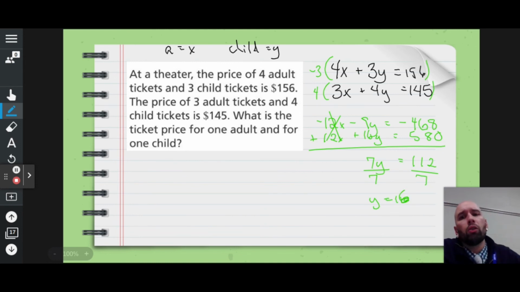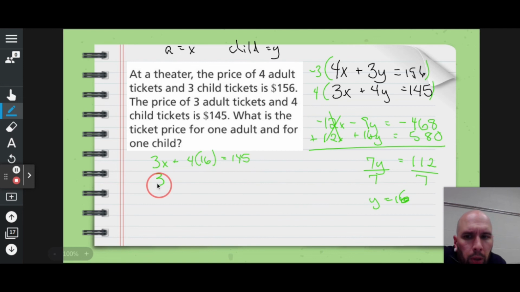So I could use any of these equations right here to find x. So I'll use the bottom one, 3x plus 4y. Well, y is now 16, equals 145. 3x plus 64 equals 145.